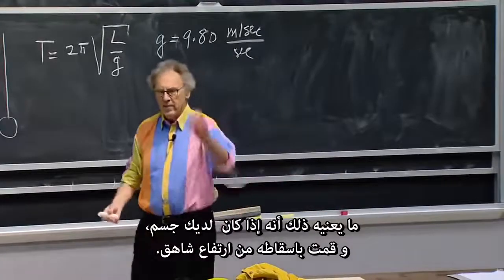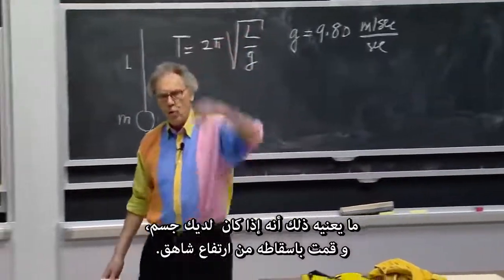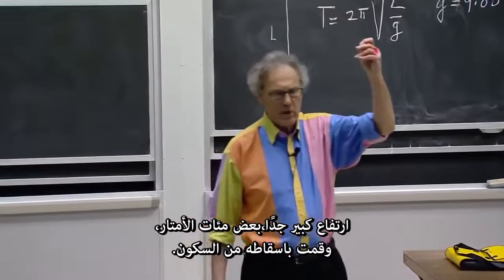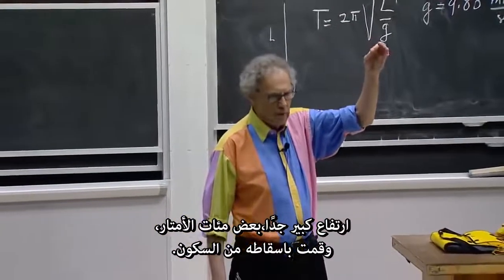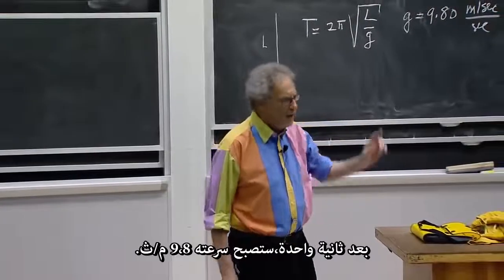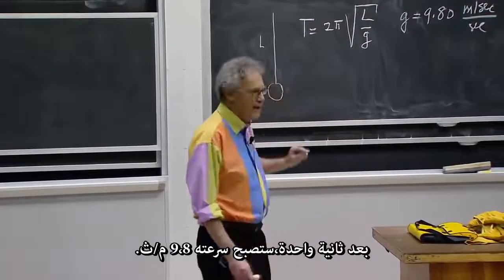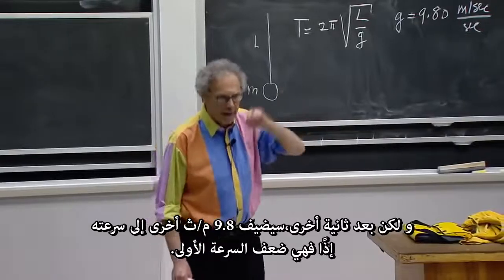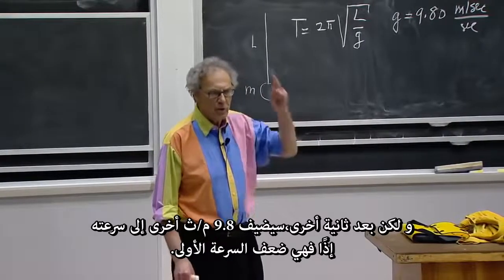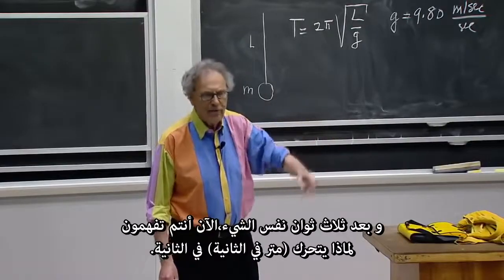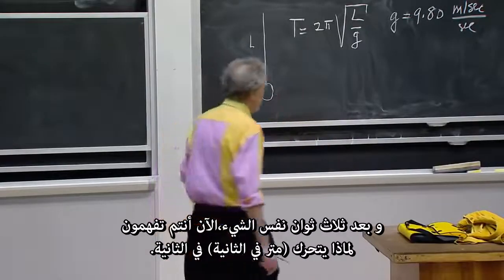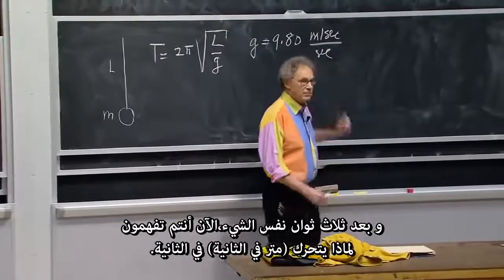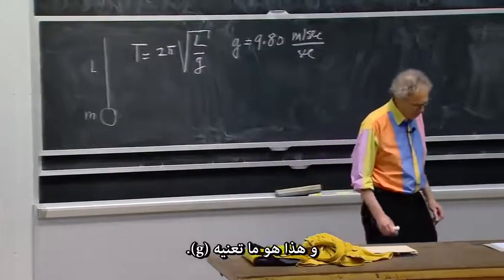What that means is that if you drop an object from a very high altitude, a few hundred meters, with 0 speed, after 1 second it will have a speed of 9.8 meters per second. After another second, it will add another 9.8 meters per second, so it's twice that. And after 3 seconds, it's three times that. So now you understand why it is meters per second per second.